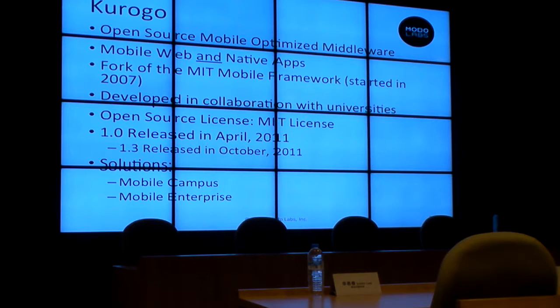The current solutions coming out of the box are really designed for the mobile campus for university, as well as some of the features of the mobile enterprise. Now, I do have to note that because we are a for-profit business, not a research organization, we also have a venture capital investment in mobile apps. And people ask me all the time, how do you make money?